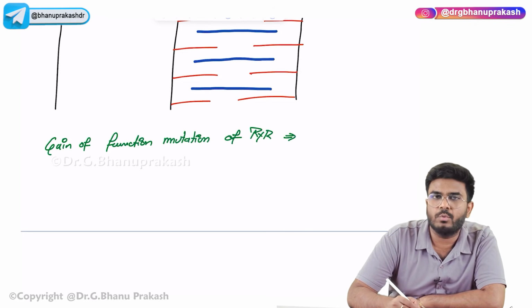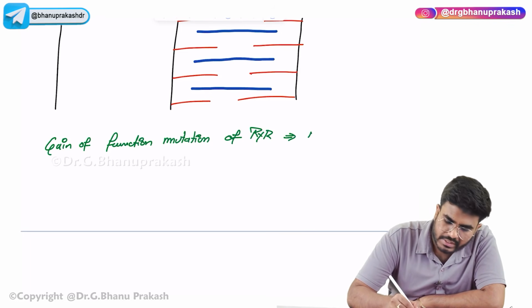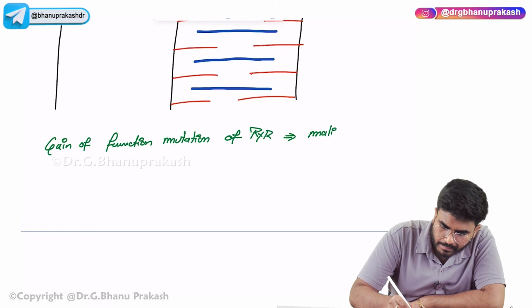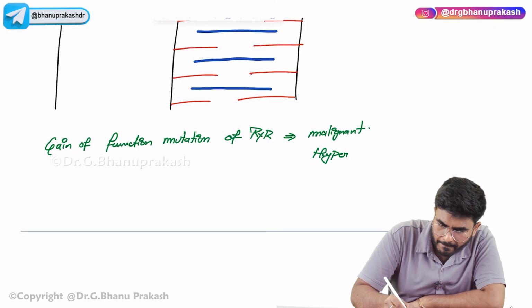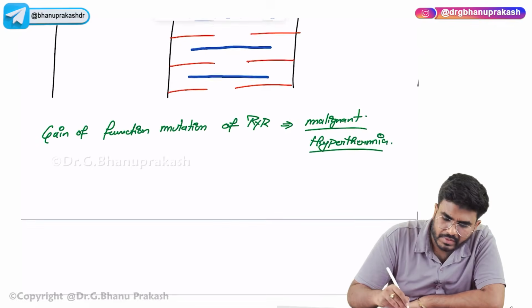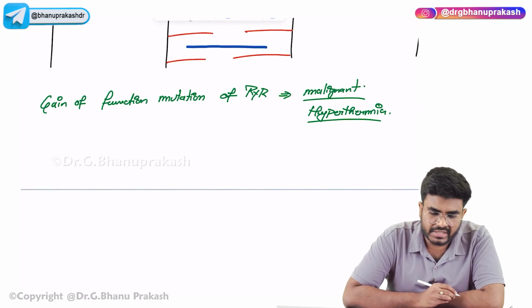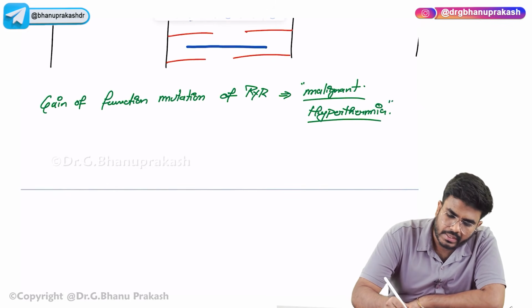More calcium will be released, and more sustained contraction is going to be seen. That condition is called malignant hyperthermia. From your anesthesia, I want you to understand this malignant hyperthermia is caused by using which agents?